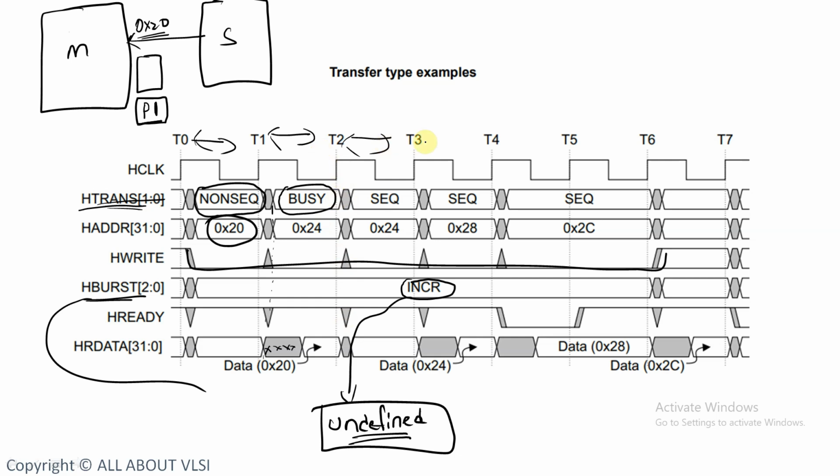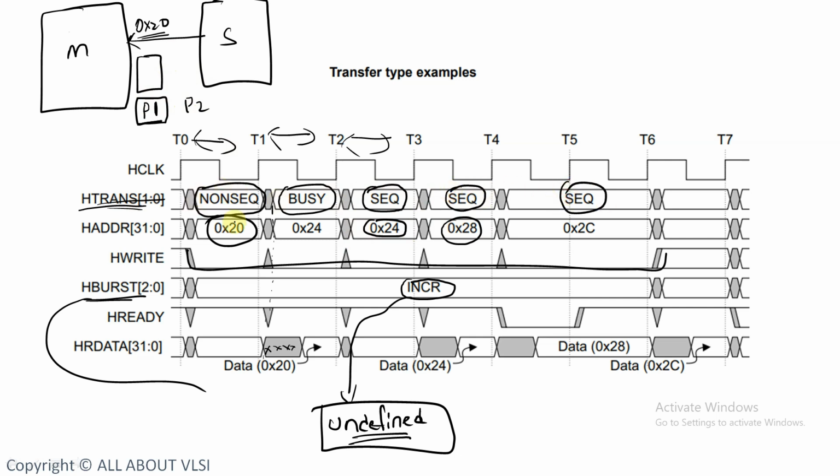In the T2 to T3 cycle, we can see the transfer type was sequential. That means this is the second address. The first address was for packet P1, and for the second packet P2 we provide address 24, and you can see HTRANS is sequential. The third address is 28 and HTRANS is sequential, and so on.